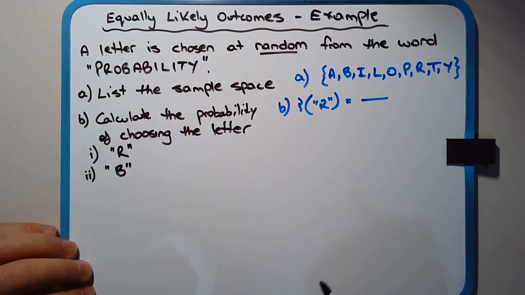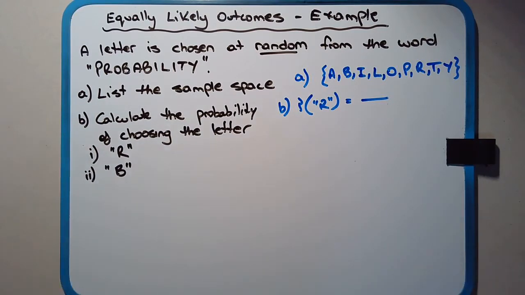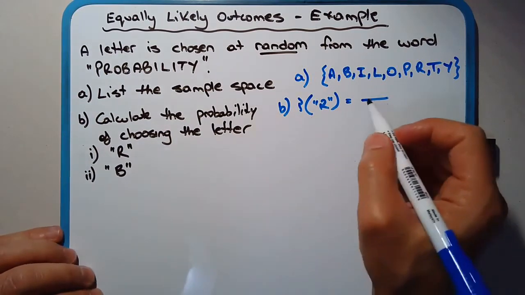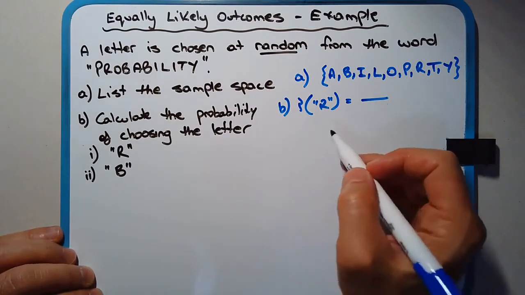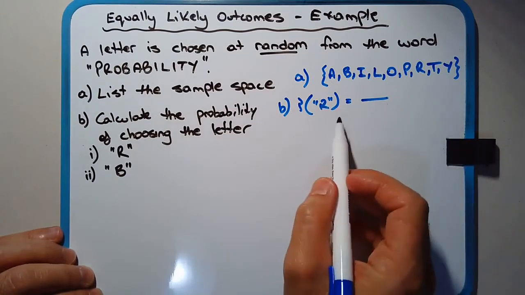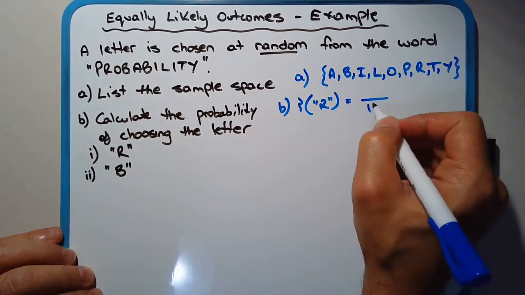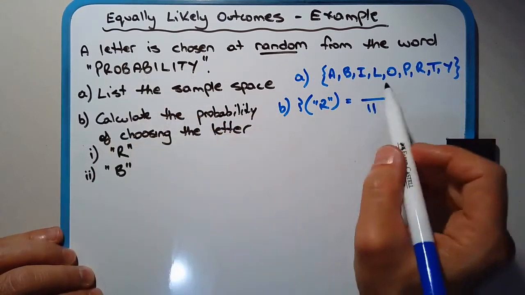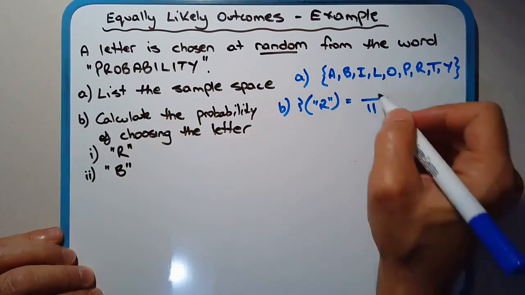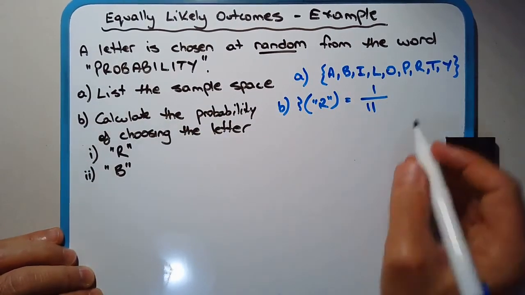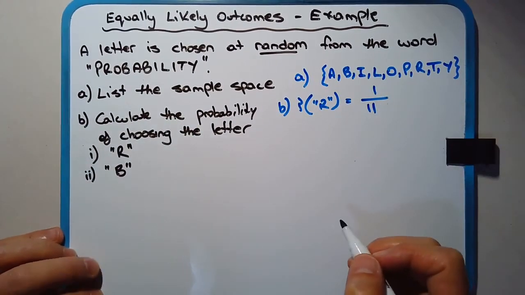You can convert the fraction into a percentage or a decimal later on if required. But by nature, probability is a fraction. So how many letters have we got to pick from in total from the word itself? We've got 11 letters, and one of those letters is the letter R. So the probability is 1 on 11.